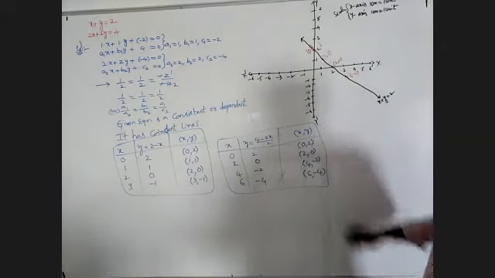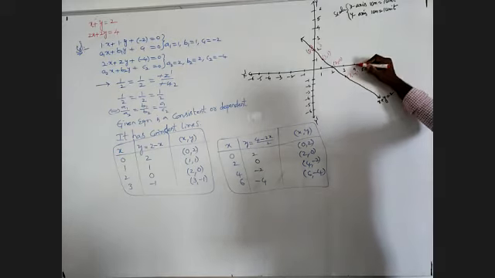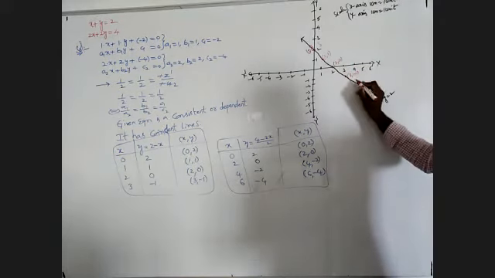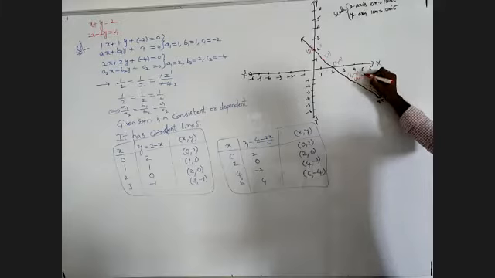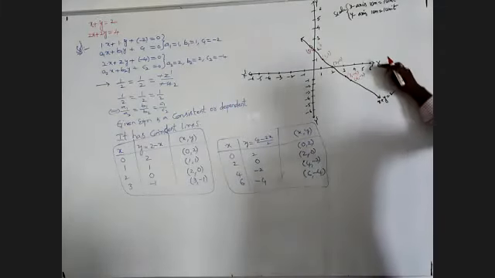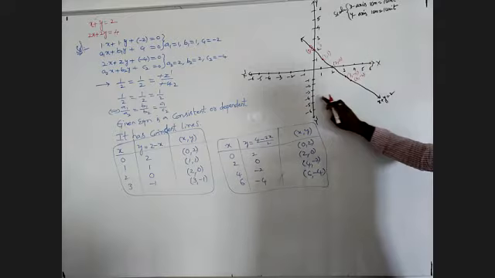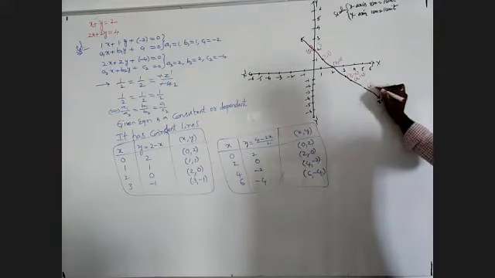This is 2, 0. After that I have to take 4, minus 2. This is 4, this is minus 2. Plotted, and name it 4, minus 2. Finally, we have to take 6, minus 4. This is 6, this becomes minus 4. This is plotted at 6, minus 4.